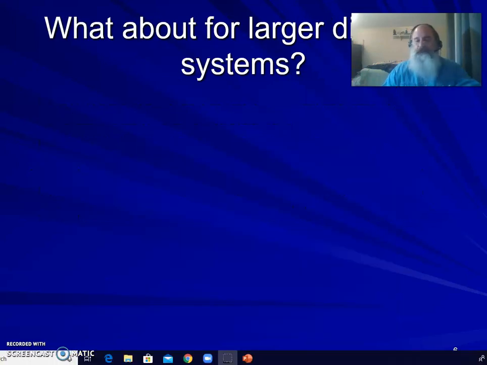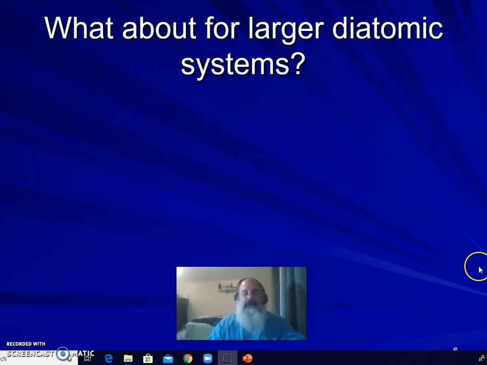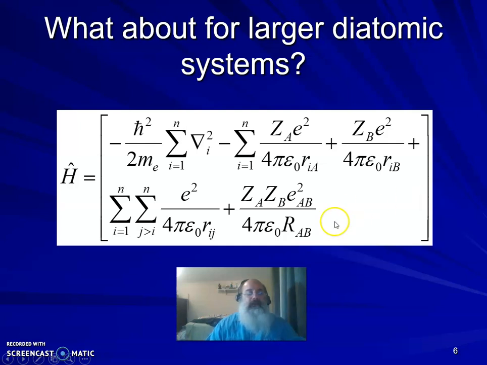Move me down out of the way here and think about what this Hamiltonian is going to look like. There's going to be a kinetic energy term for each electron. So for F2, each fluorine atom has 9 electrons, so there would be 18 kinetic energy terms.